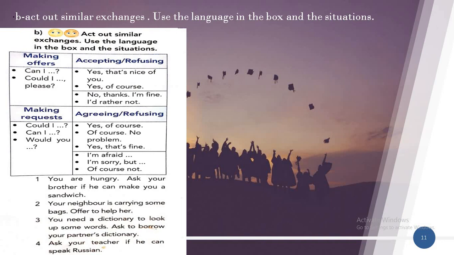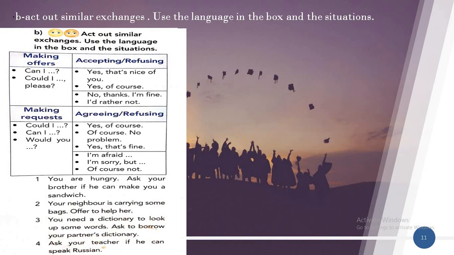I'm afraid I can't accept your request. I'm sorry, but I'm late, or I am busy, or I am working, etc. You are refusing politely, or you say, of course not.